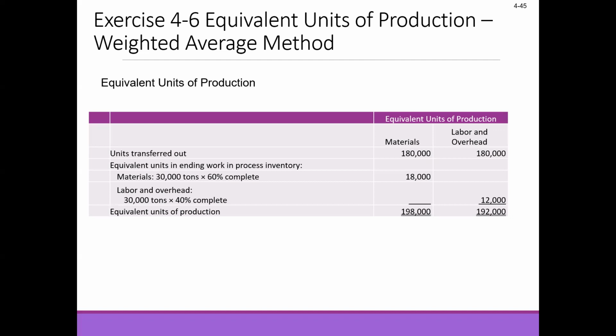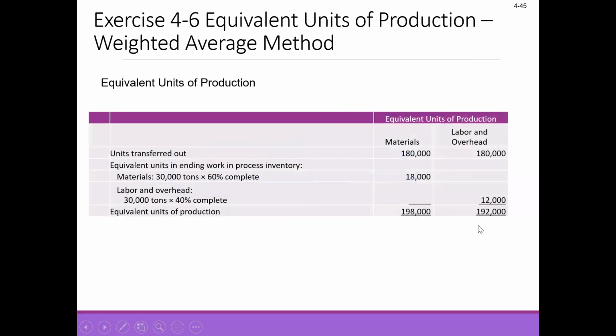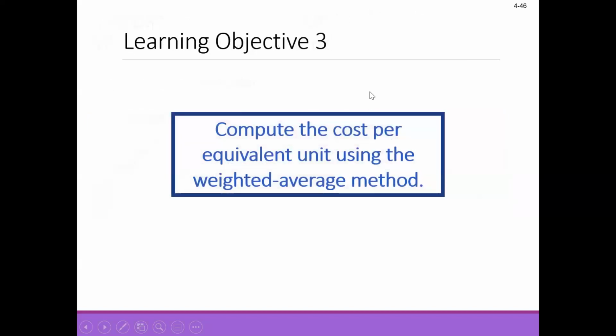For the labor and overhead, it was completed at 40%. So the 30,000 tons at 40% completion gives us 12. Sorry, our equivalent units of production for the labor and overhead portion is 192. Does that make sense, guys?